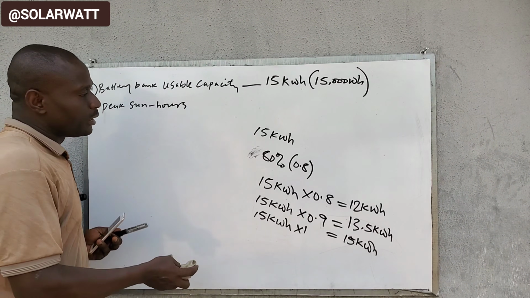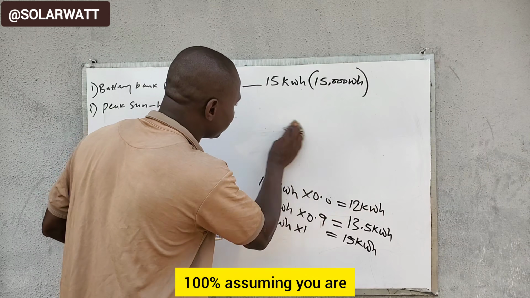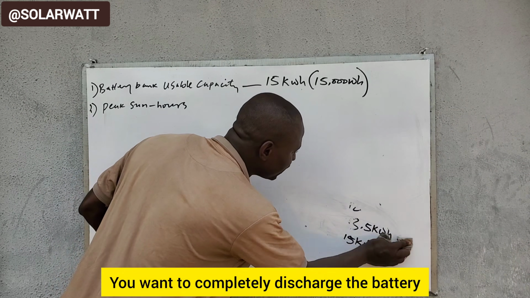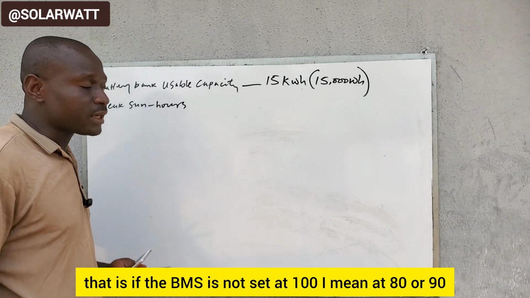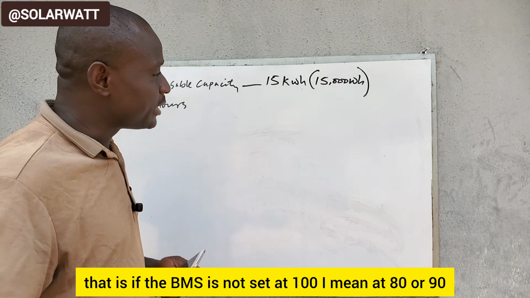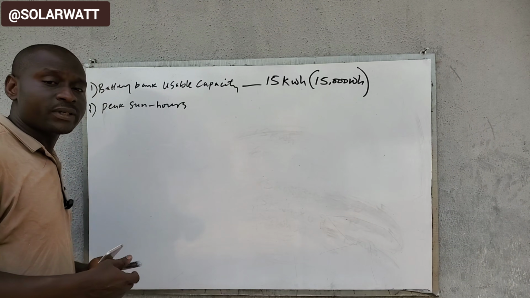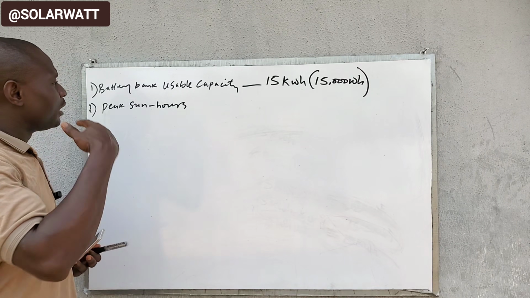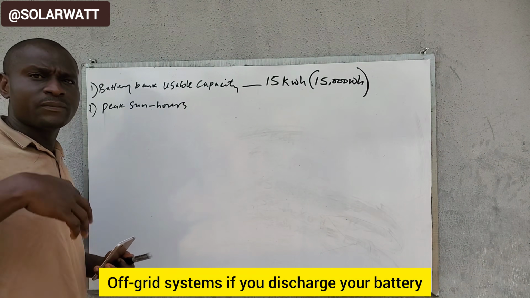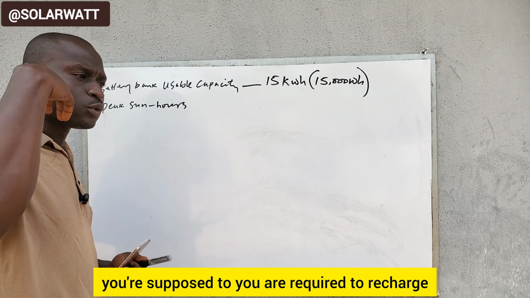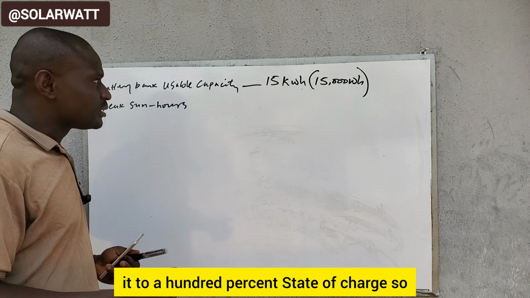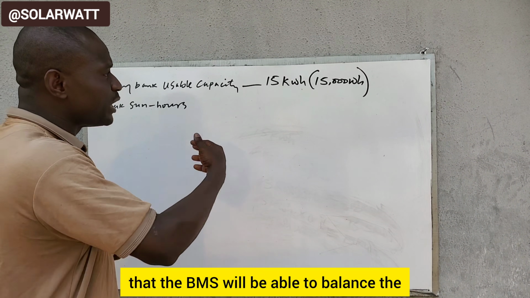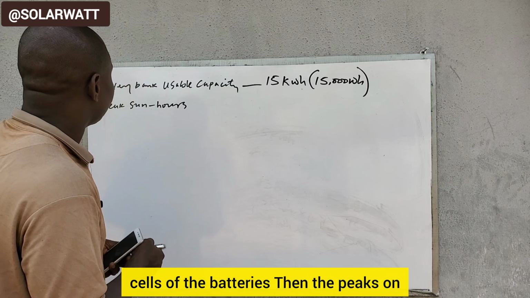We'll take 100%, assuming you want to completely discharge the battery. That is, if the BMS is not set at 80 or 90% DOD, because in off-grid systems, if you discharge your battery, you're required to recharge it to 100% state of charge, so that the BMS will be able to balance the cells of the batteries.